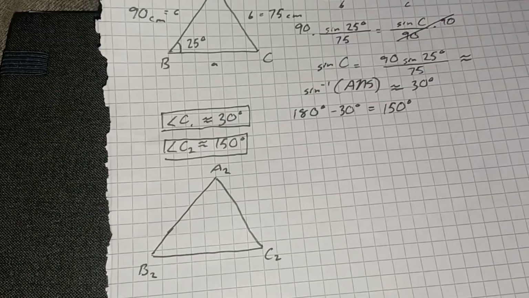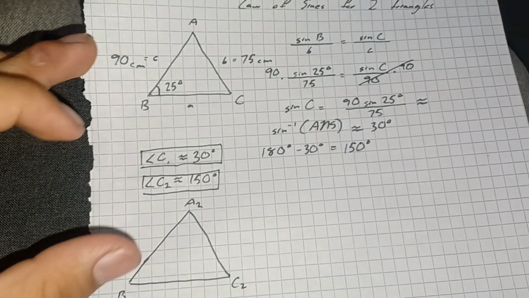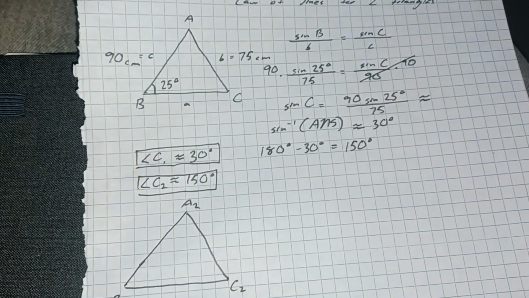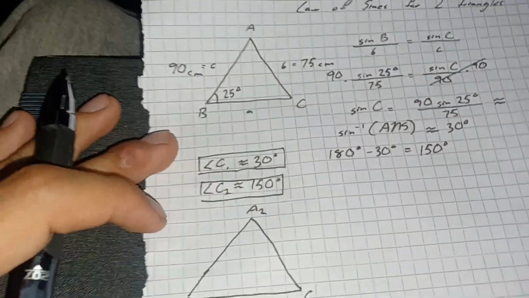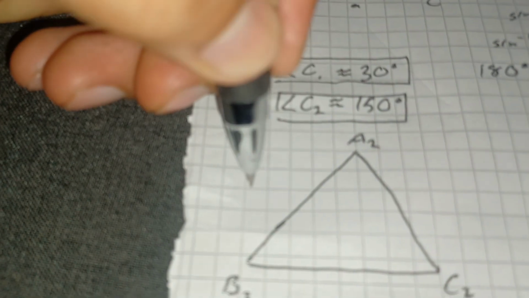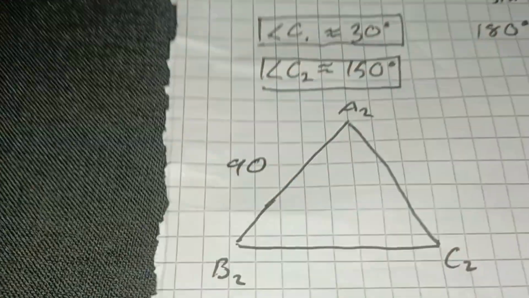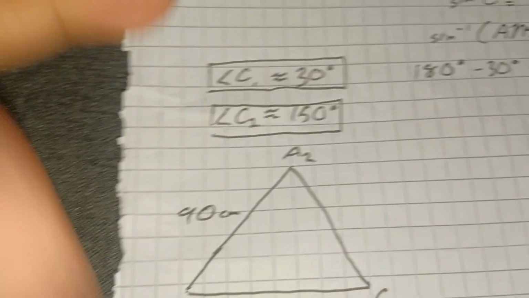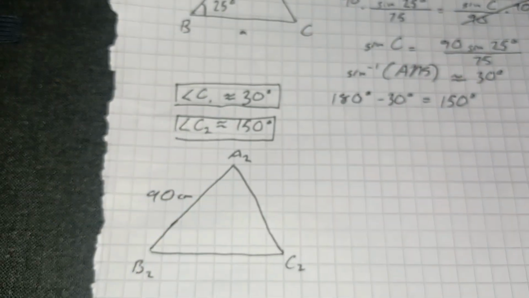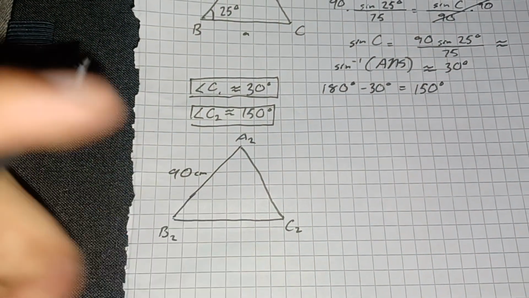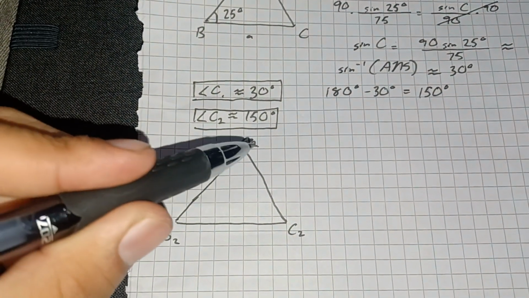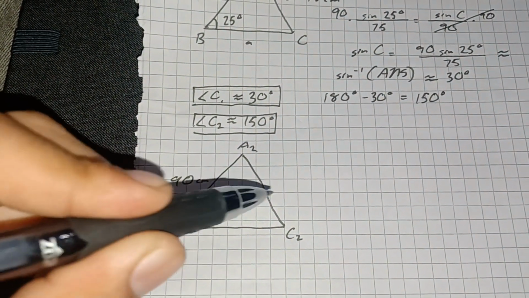Cool. So now that we have our second triangle, let's plug in the values already given to us. So 90 is already given to us, so that's not going to change. We're going to put 90 centimeters for the little c2. There's big C2, and that's little c2. Big A2, little a2. Big B2, little b2.